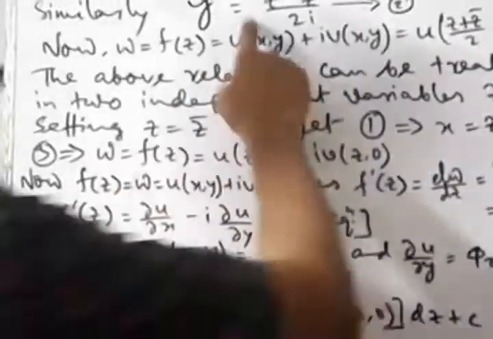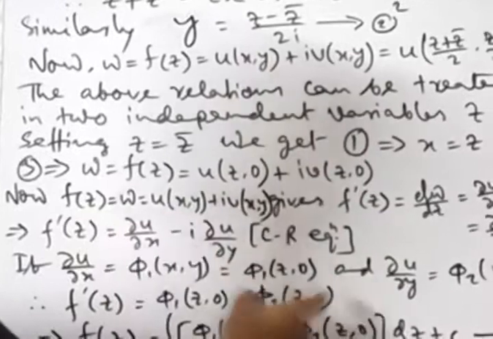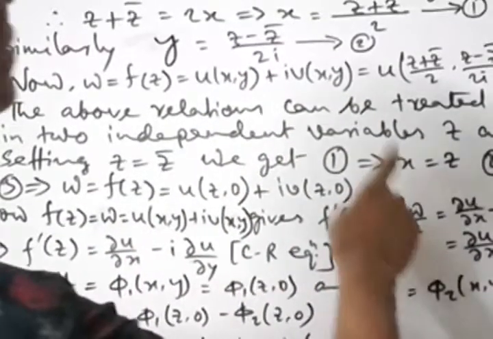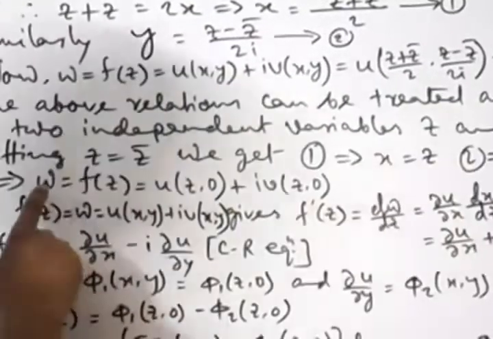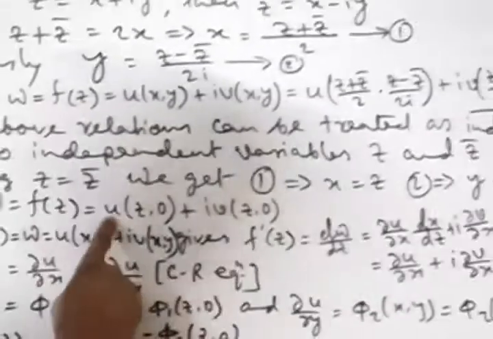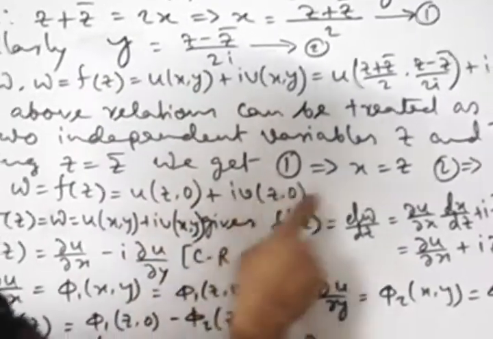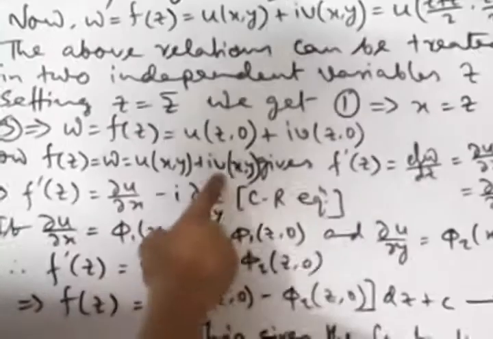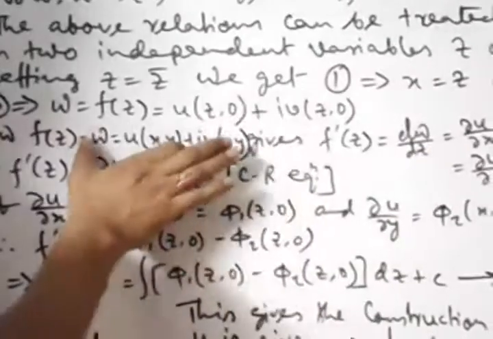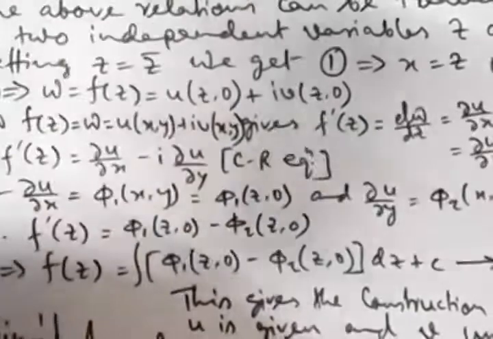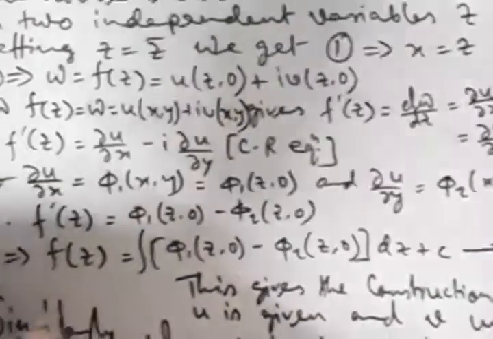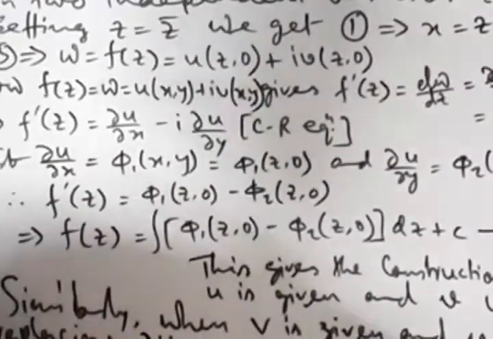And from relation 3, we can substitute the values from 1 and 2. We get w is equal to f(z) is equal to u(z, 0) plus i v(z, 0), from x is equal to z and y is equal to 0. Now f(z) is equal to w is equal to u(x, y) plus i v(x, y). You know, this is the usual formation of an analytic function f(z).